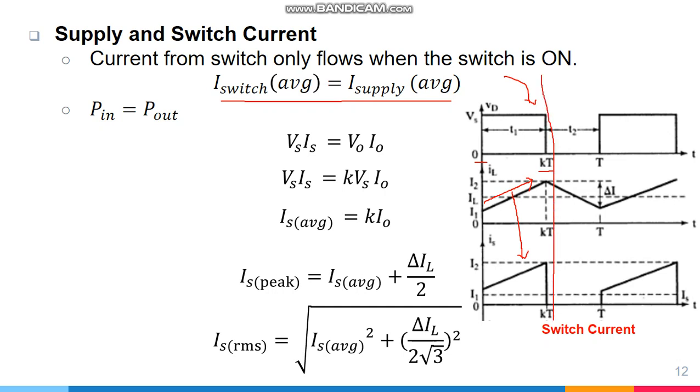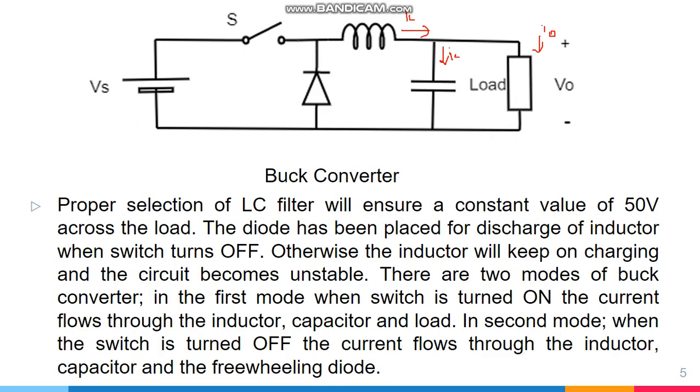After this kT time period, when the switch is in off condition, the energy from this inductor will freewheel through this diode and will be supplied to the load.